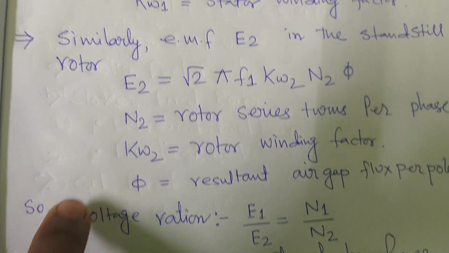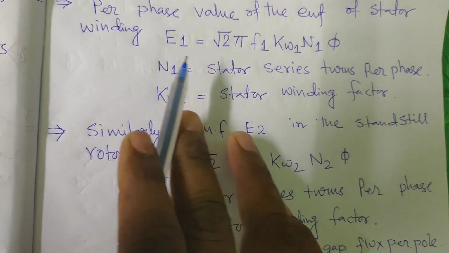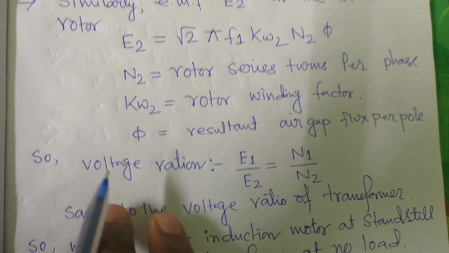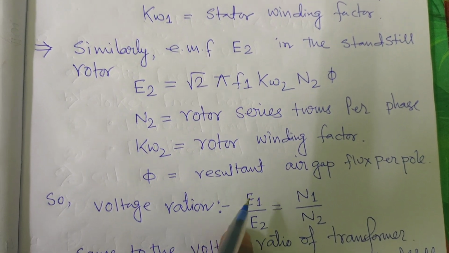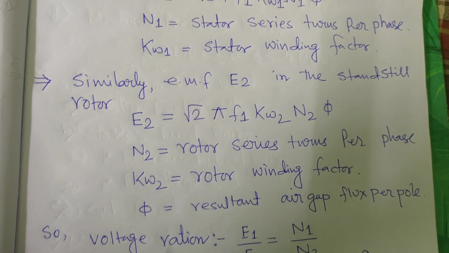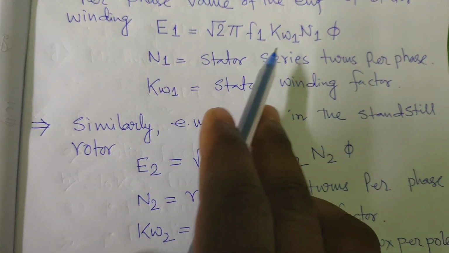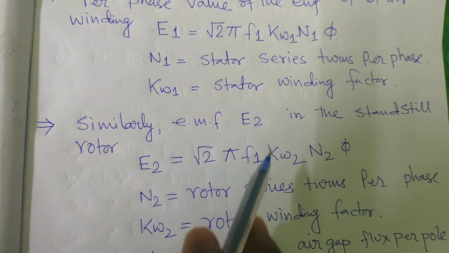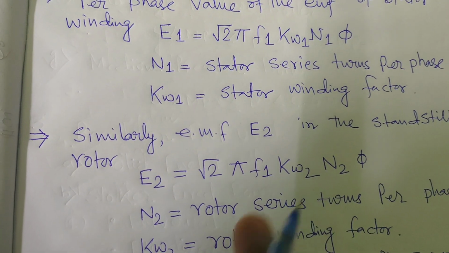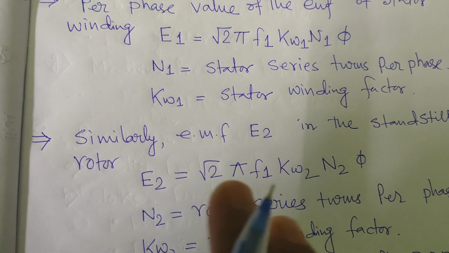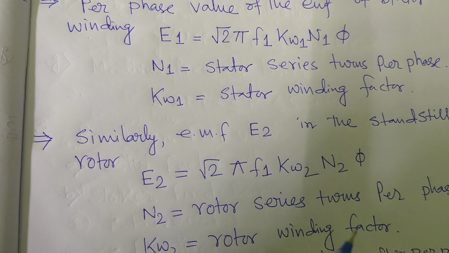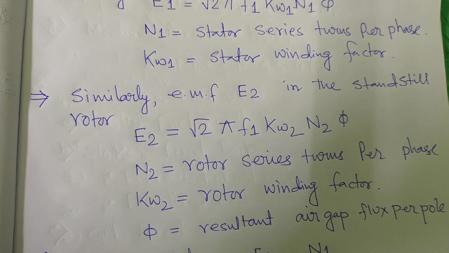By taking formula 1 and formula 2, we get the voltage ratio E1 by E2 equal to N1 by N2. Why? Because root 2 pi F1 are the same, and KW1 and KW2, the stator winding factor and the rotor winding factor, are neglected.